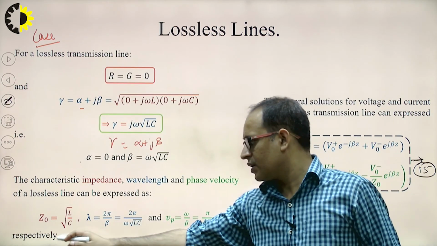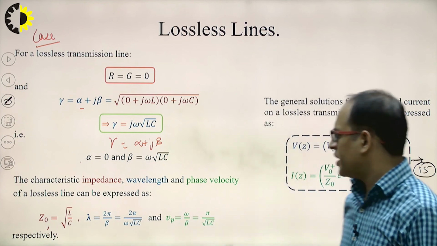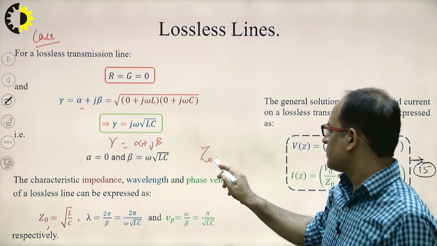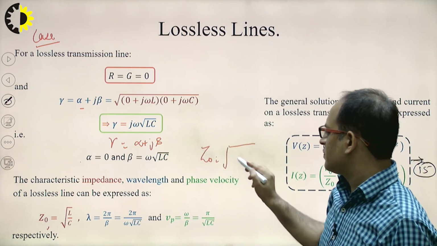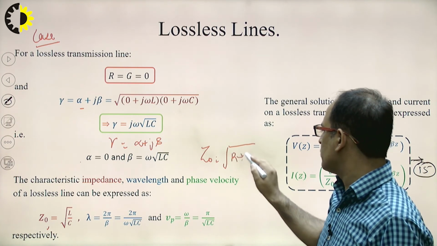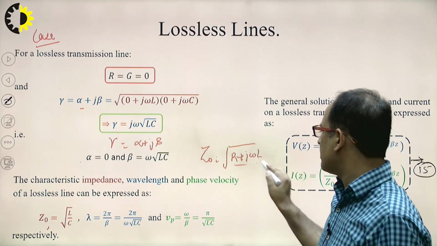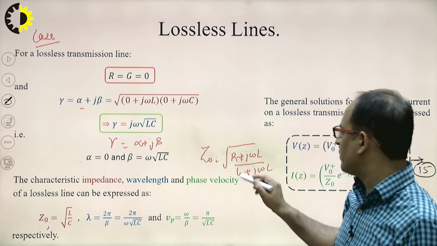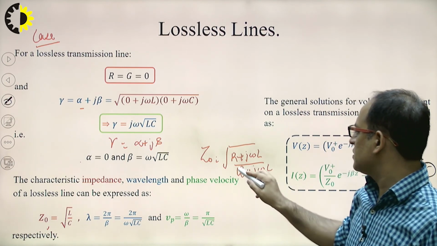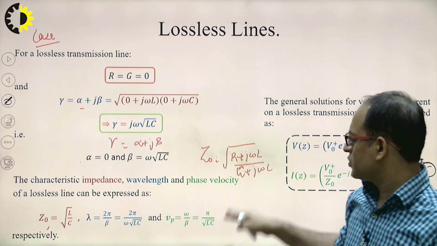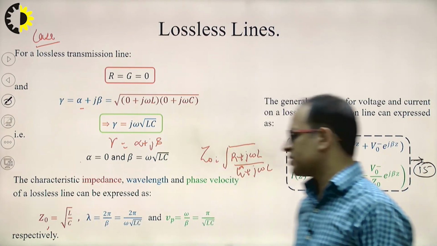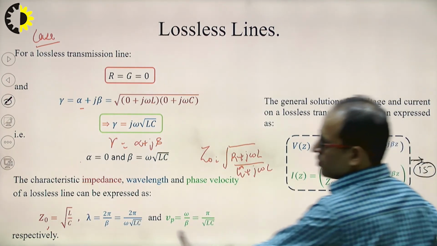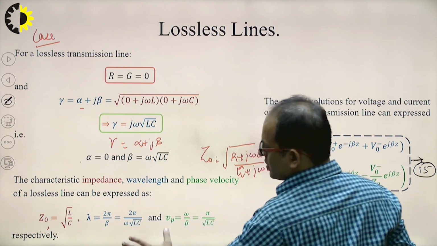So Z0 will also be, as we know, Z0 equal to what? R plus j omega L divided by G plus j omega C. Now put the value of R and G equal to 0. You will get the characteristic impedance Z0 equal to root of L by C.